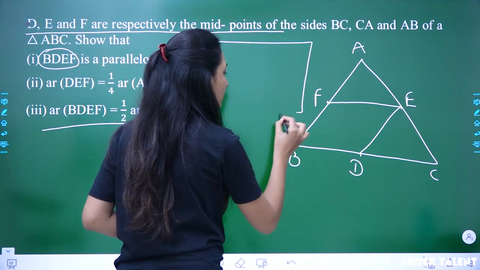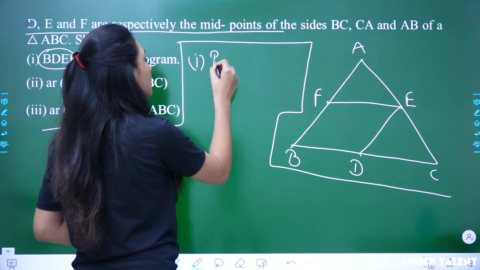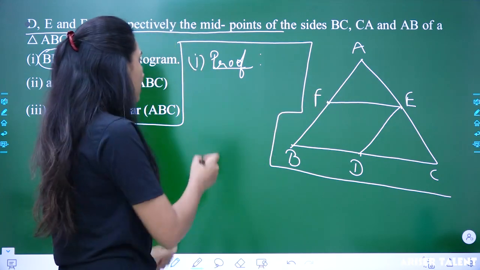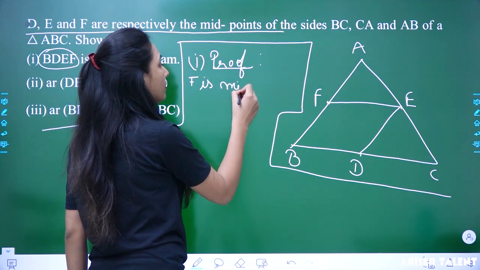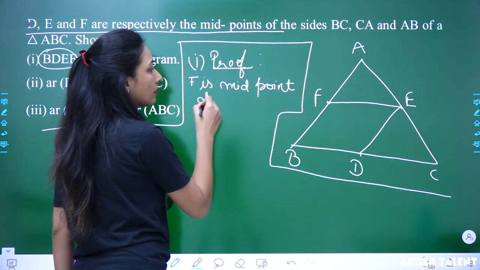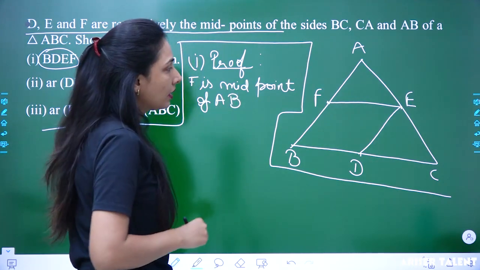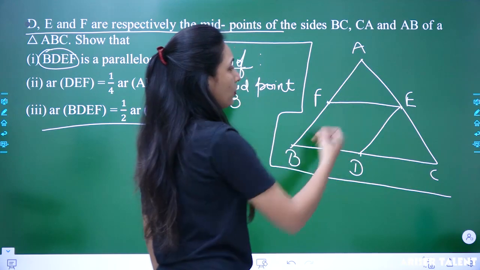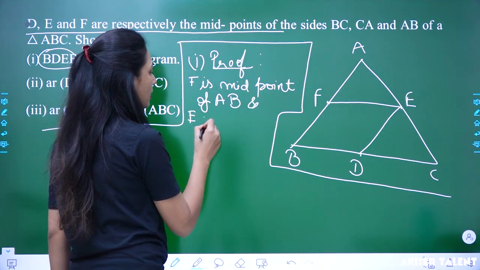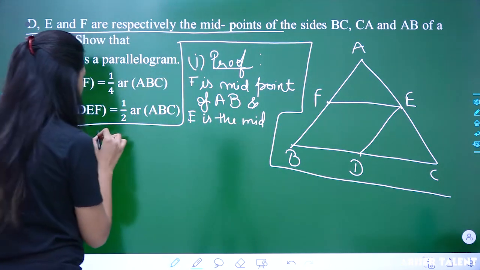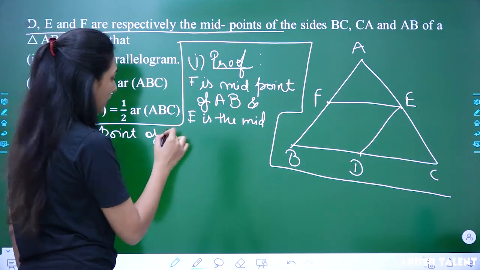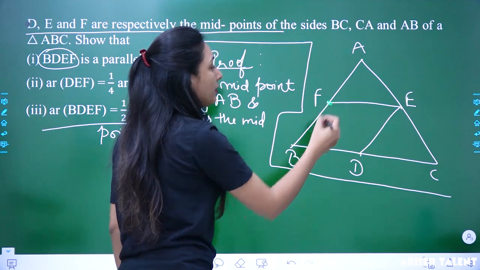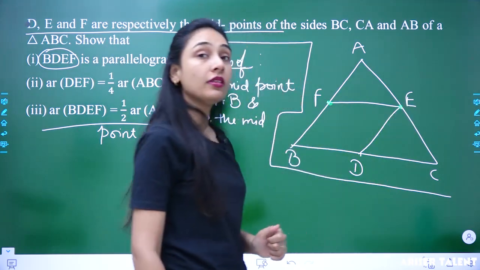So for the first part, students, F is the midpoint of AB, and we are having the midpoint of AC is E. Now understand, F is the midpoint of AB, and we are having E as the midpoint of this AC.